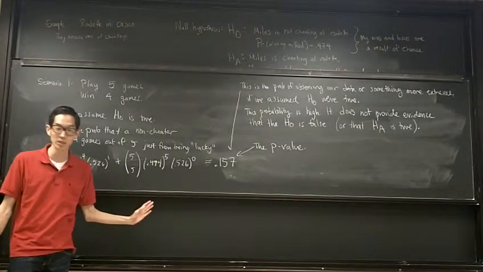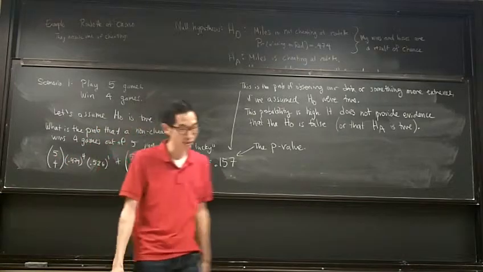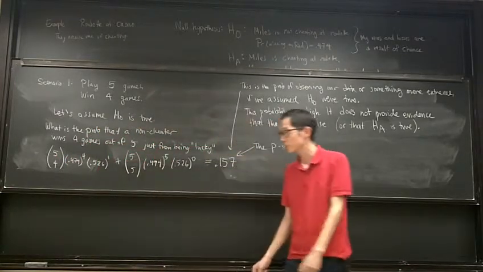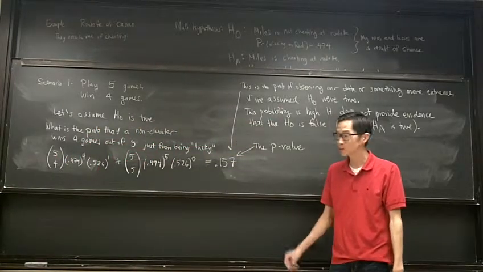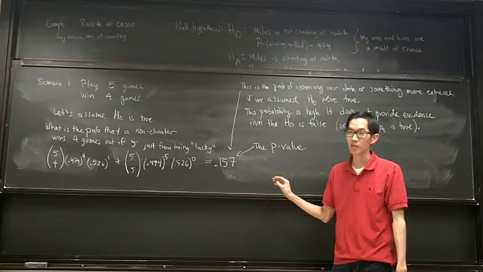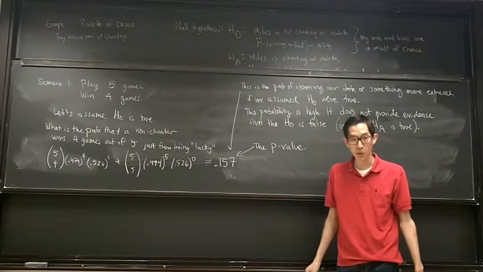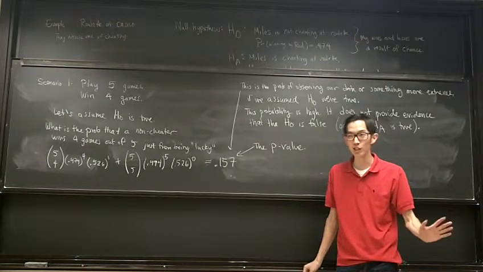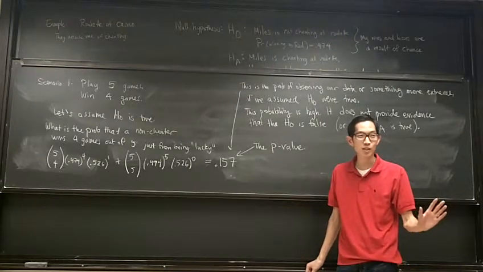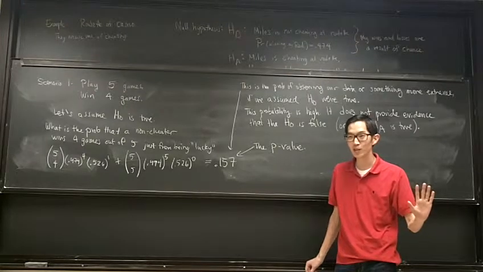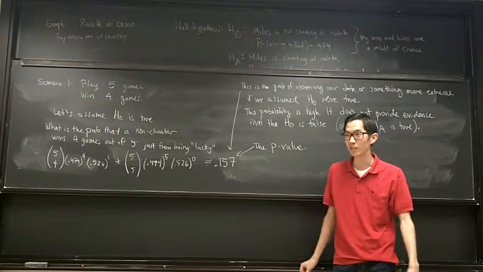No, it doesn't prove that I'm not cheating either. At this point, it just means you either got lucky and won 4 out of 5 games and you're not cheating, or maybe you're cheating, but you're smart enough that you played only 5 games, so we can't pin it on you.